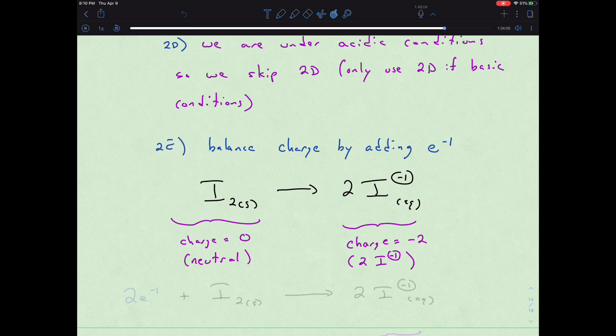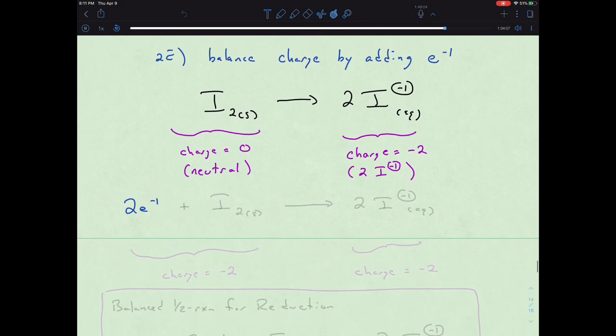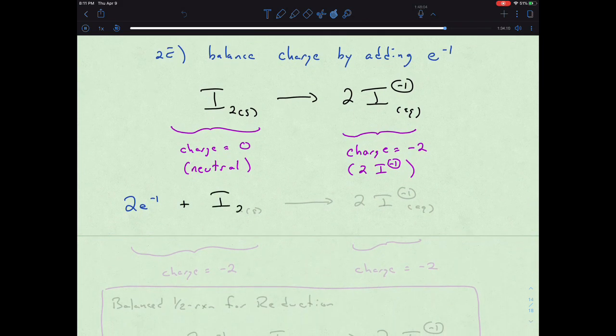So if I add 2 electrons to the starting material side, remember this is a reduction, now I find my charge is actually the same. So now I have a charge on the left equal to -2. I also have a charge on the right, which is also equal to -2.